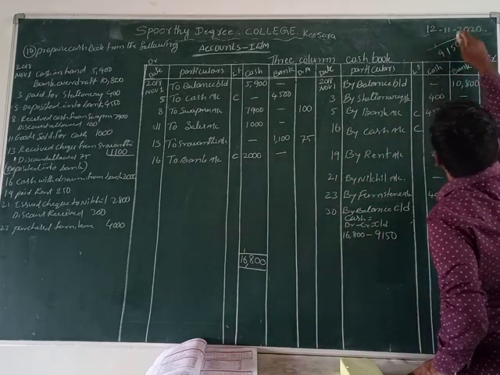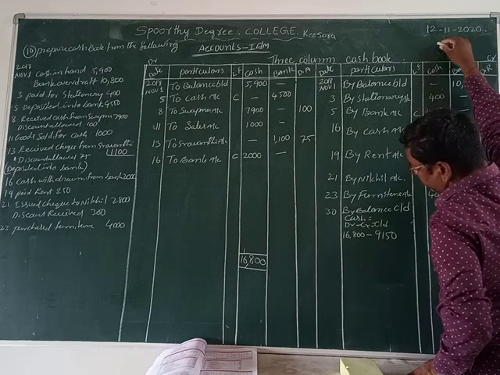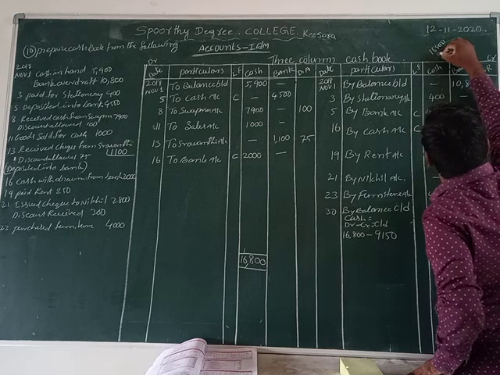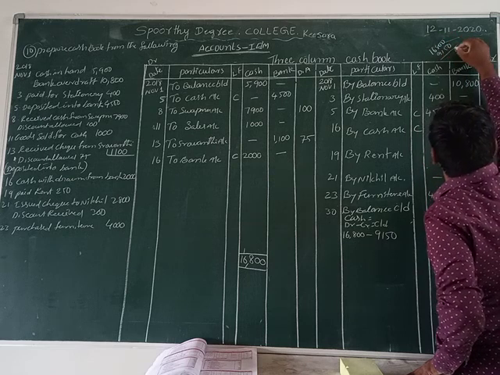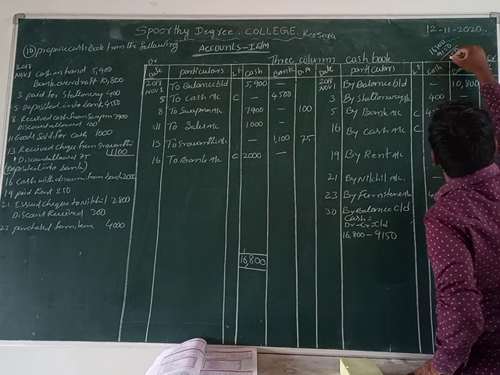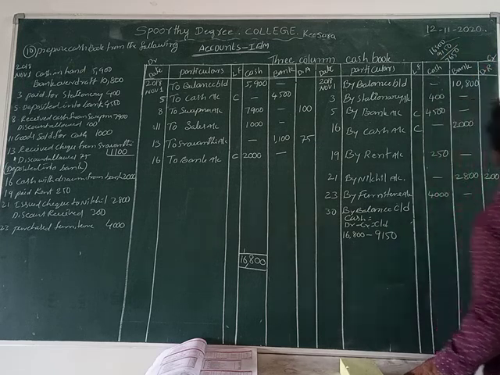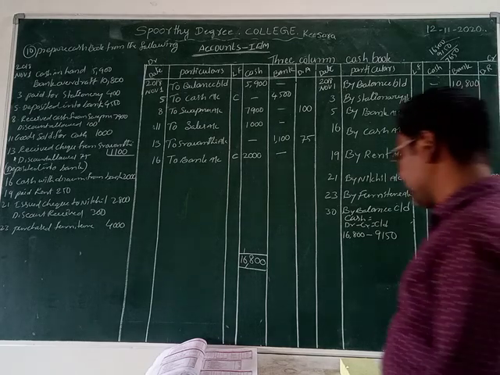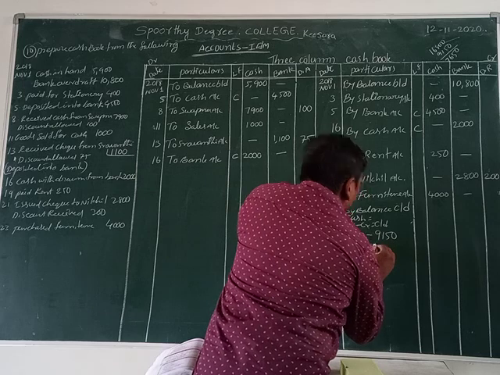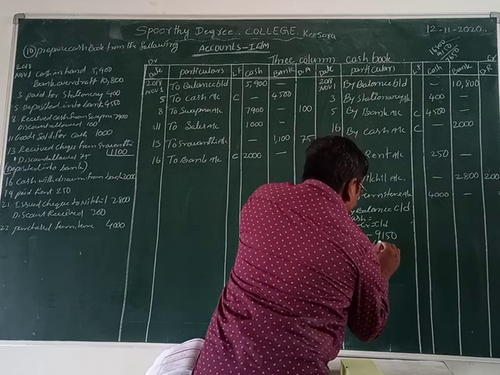What is the amount we subtract now? Let us see. 16,800 minus 9,150. 0, 5, 6, 7. Okay. 16 minus 9, 7. 7,650 rupees. So write down here 7,650.